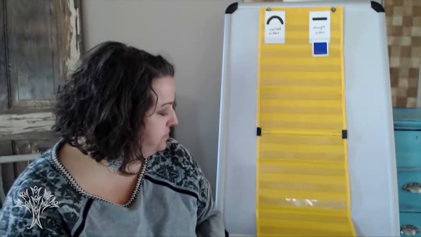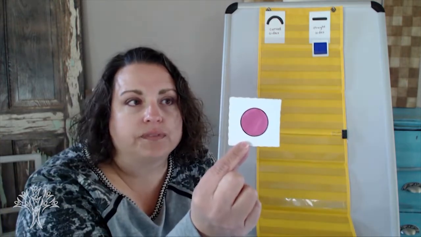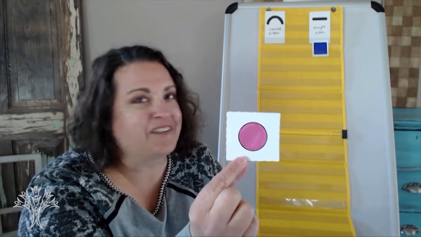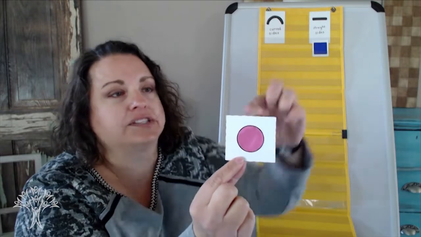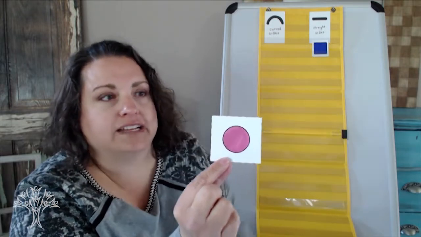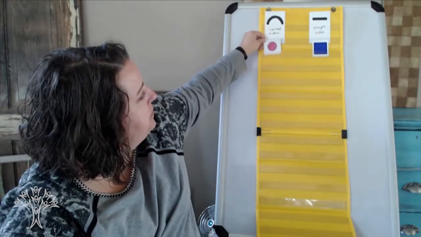So I'm going to go ahead and put it in that column. What about this shape? Does it have straight sides? I see some of you shaking your head no. This is a circle and it has curved sides. So we're going to go ahead and put that in our curved side column.